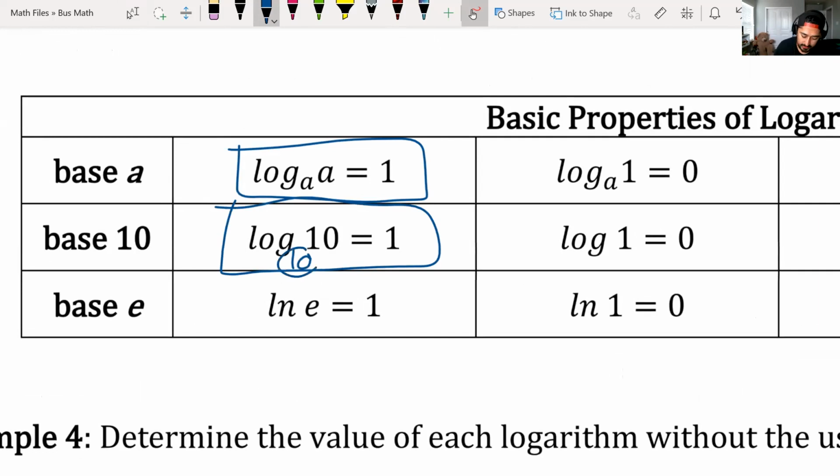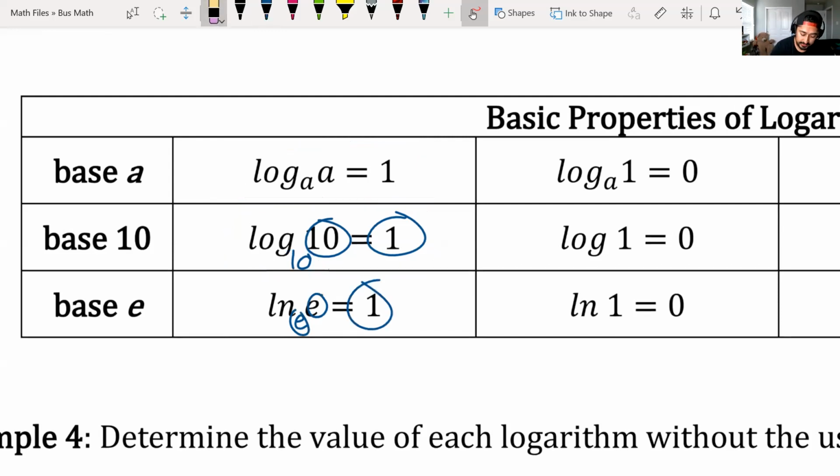And since this is 10, that is 10, this log equals 1. Same thing with the third one below. Natural log of e is 1. Well, this is because we know the base of the natural log is e. If this base is e, and this number inside is e, then our answer is just 1. Simple as that. That's the first column.